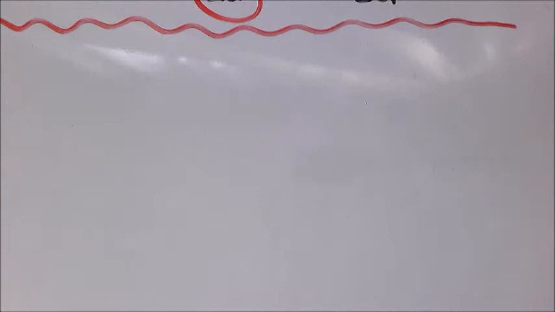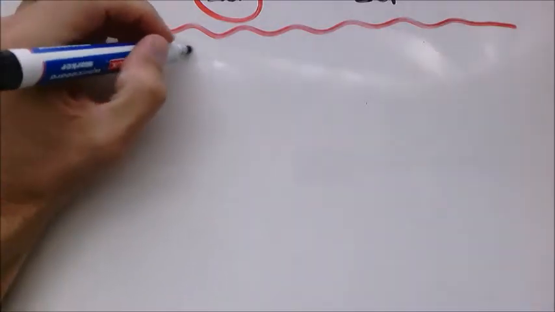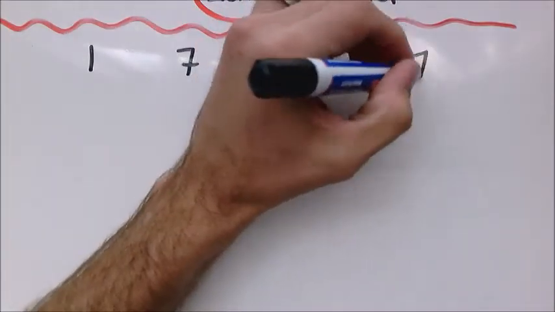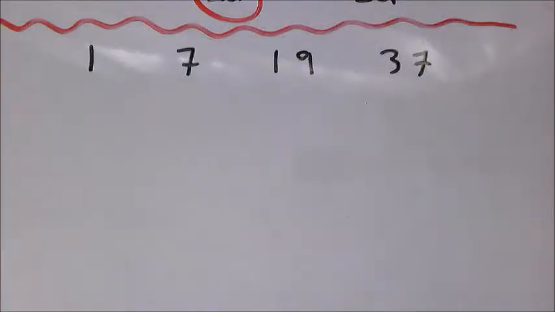The question asks us to get the general formula for this number pattern, and the number pattern is given as 1, 7, 19, 37. And in a test you'll always see this. They give you this number pattern, they ask you what are the next 2 terms, and then you have to calculate.